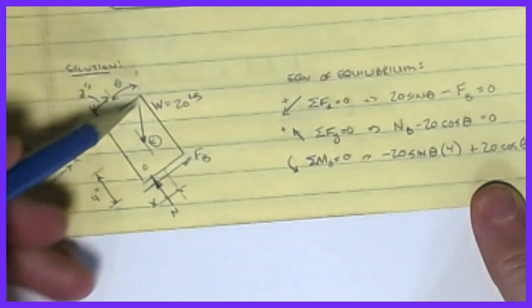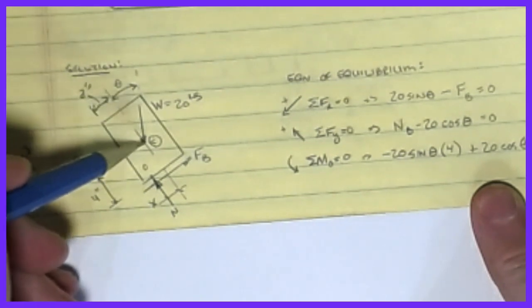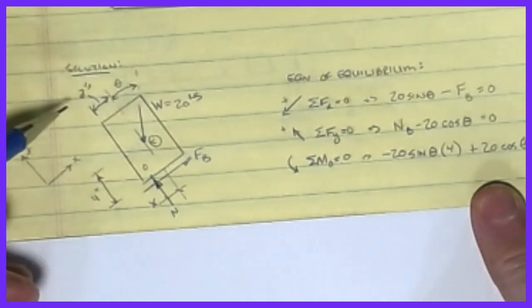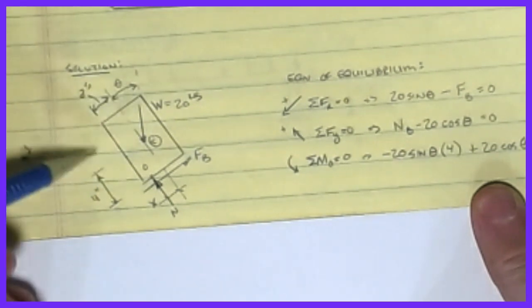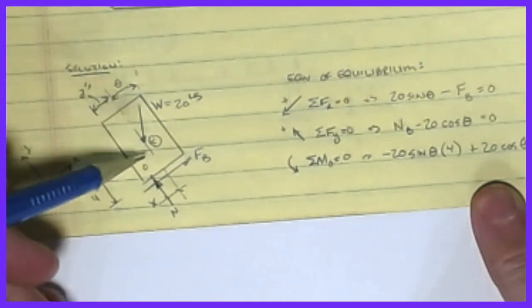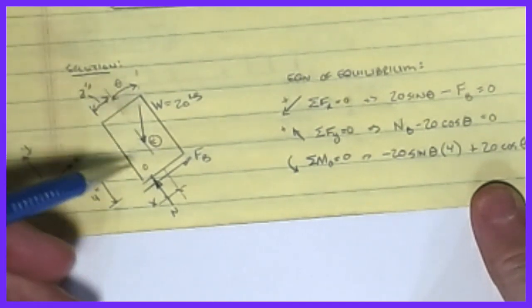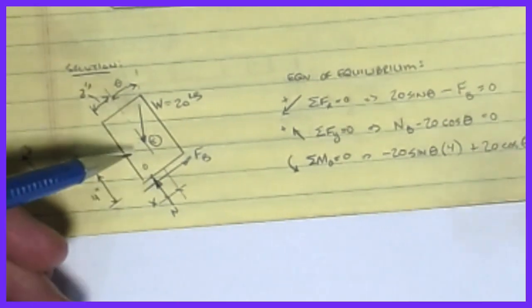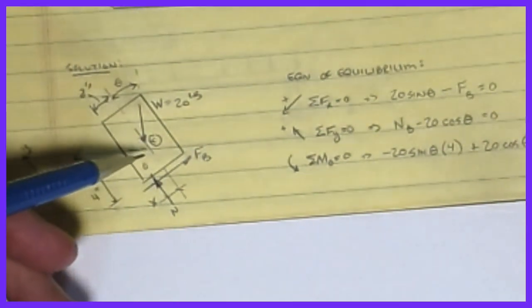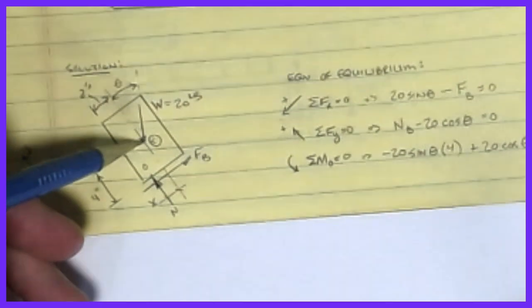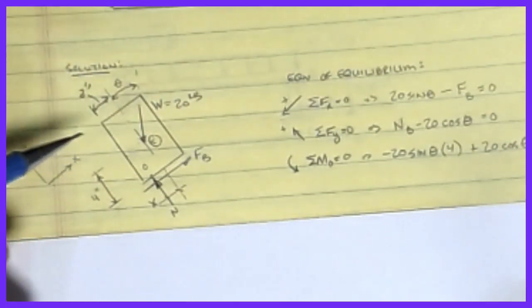Now again, we're assuming that that's the point where the weight is acting, that everything is uniformly distributed, so one side of the object doesn't weigh more than the other. So that's how we come up with the centroid. If it were one of the other cases, then you would have to figure out where that centroid would be using your centroid calculations. But since this is a rectangle and we're just looking at a simple example, we'll assume that's at the center and we'll be good with that.